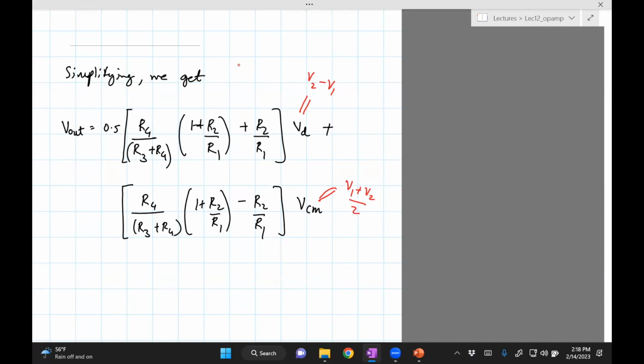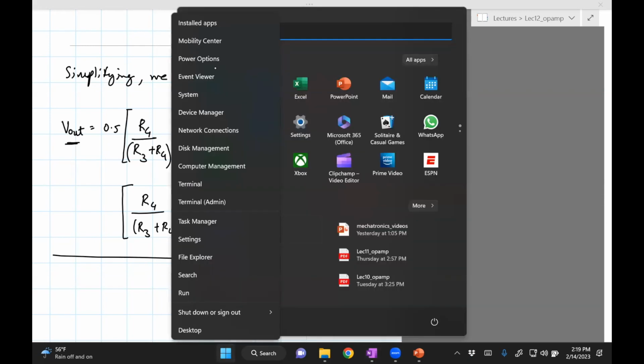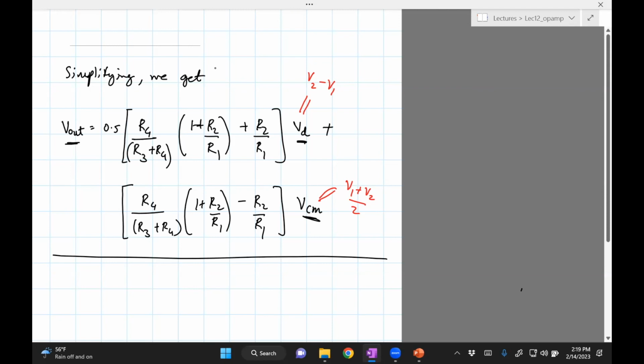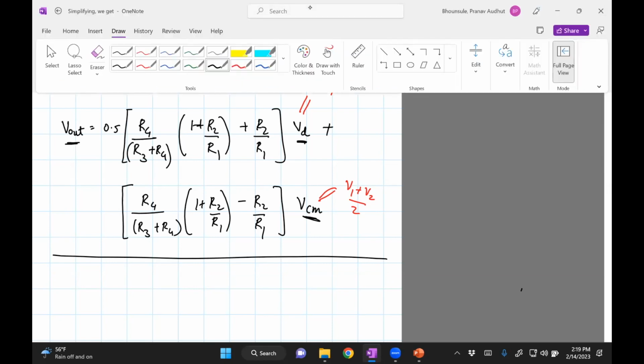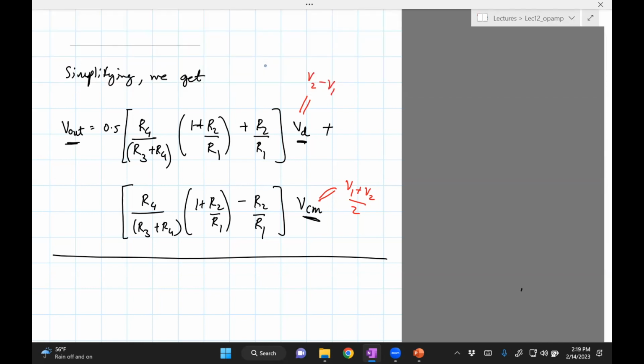Okay, now I think we are in a position to figure out how to make this look like a difference amplifier. What we're interested in is we want V out to be proportional to VD, and we want anything multiplying VCM to be 0. So what we need to do is set this term to 0. How can we set it to 0?